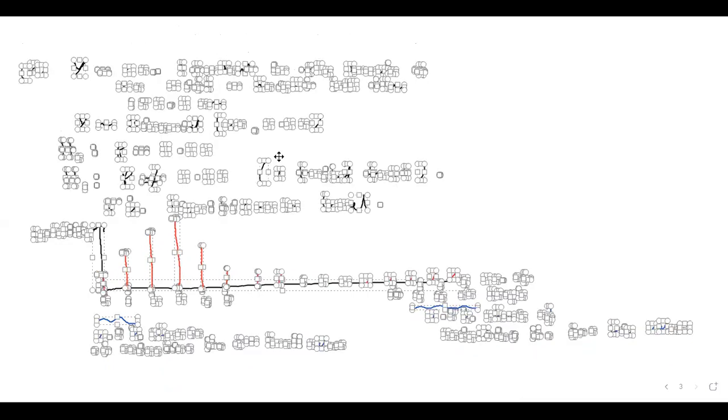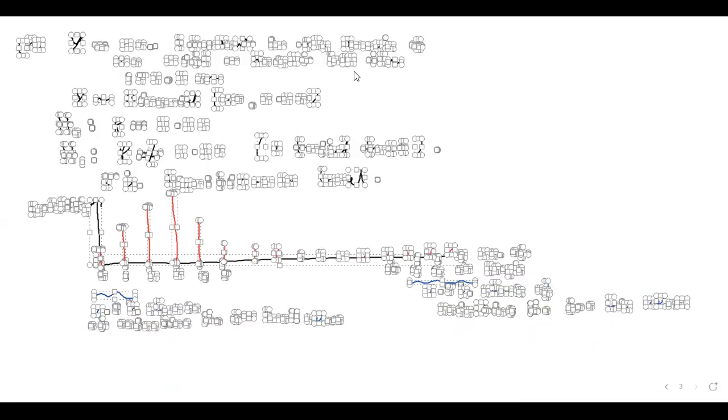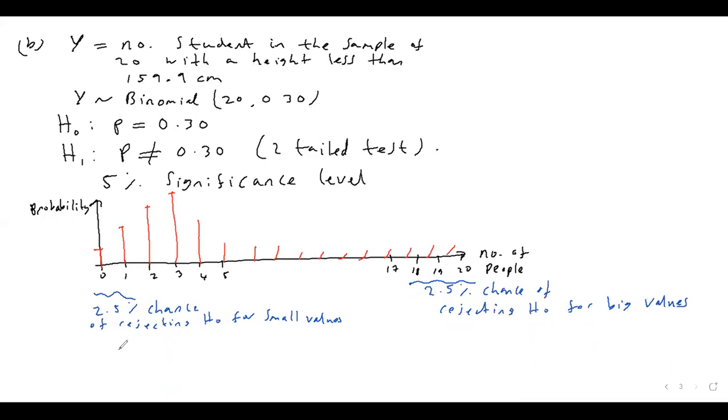Let's just move this up a little bit. So from the data, we got 3 successes out of 20. What we want to do is test, assuming that the probability of success is 0.3.